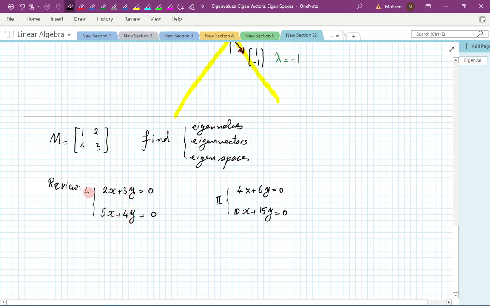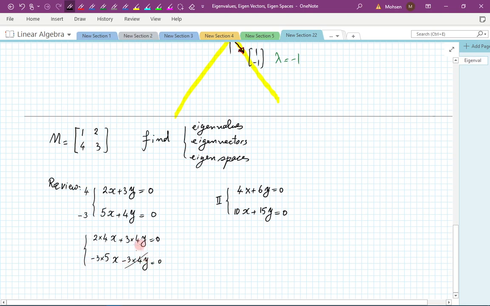So I multiply this one by 4 and this one by minus 3. I will have 2 times 4x plus 3 times 4y, and minus 3 times 5x minus 3 times 4y equal to 0. And add the two of them.